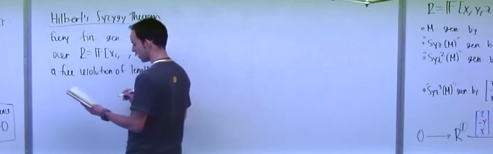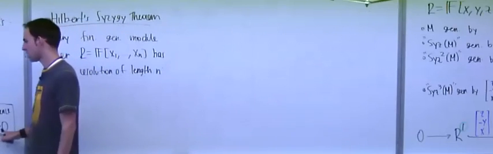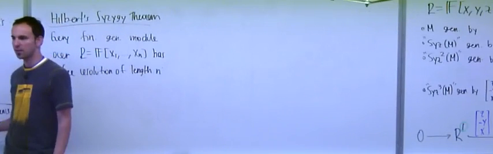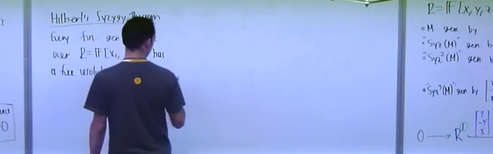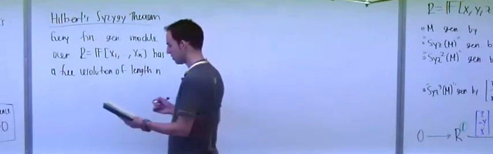And what I mean by length is basically that this process, you can think of it in two ways. First of all, you can think that this is a finite sequence of maps. And you can also think of it as doing this process of syzygies, and that process ends. Okay?